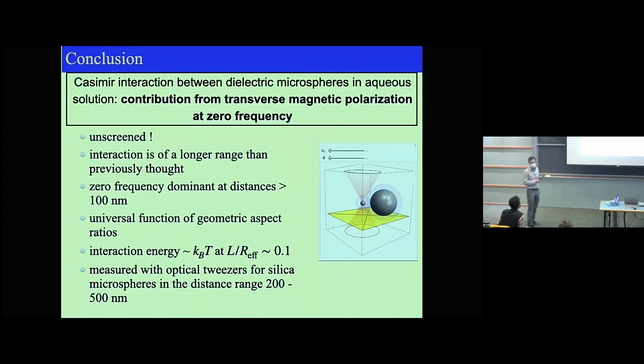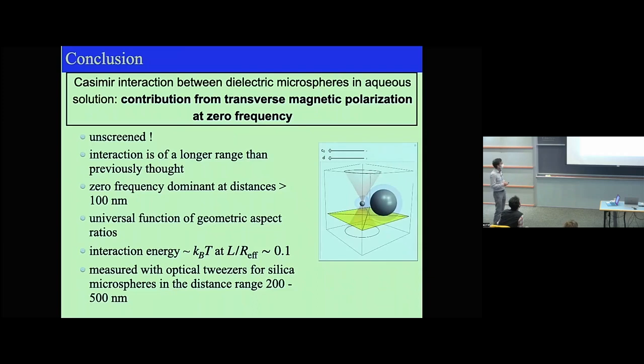So this is a figure to have in mind. And we have measured exactly in this kind of condition, because our radius is around 2 microns, and we have measured in the distance range from 200 to 500 nanometers, so close to the situation where the interaction energy is of the order of kBT.